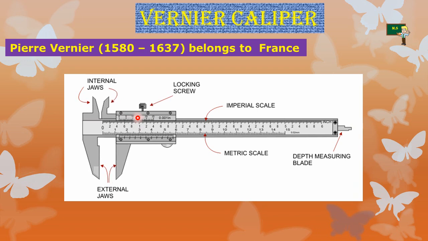The thin bar attached to the right side of the vernier scale is used to measure the depth of hollow objects, and this is the depth measuring blade. You can see this is the metric scale, and this is the imperial scale.